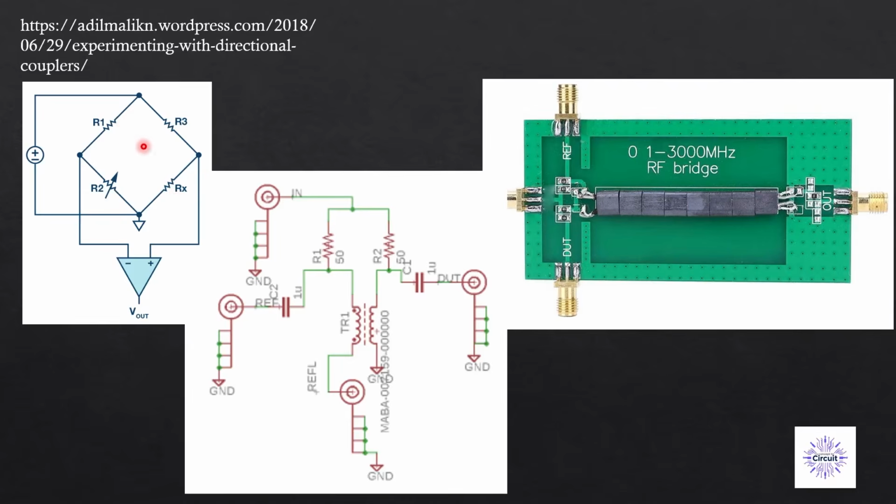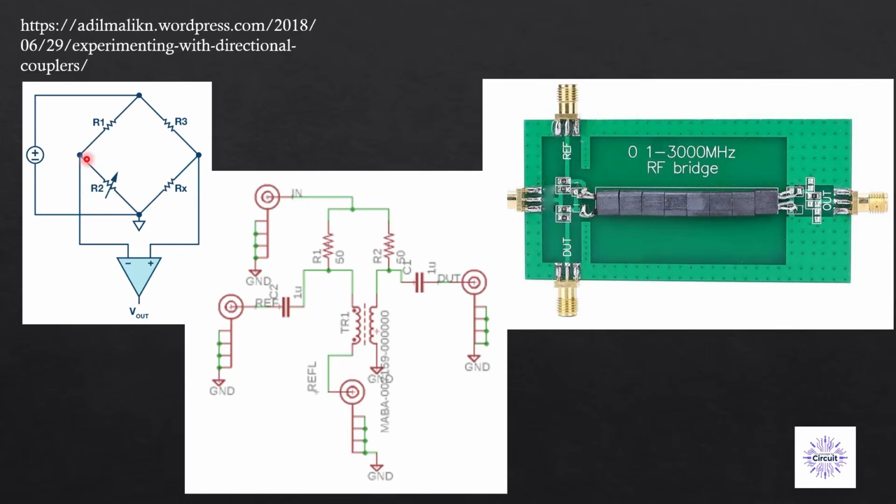And because we can get access to relatively cheap surface mount components, resistors with low parasitics, this resistive bridge can operate over relatively wide band.